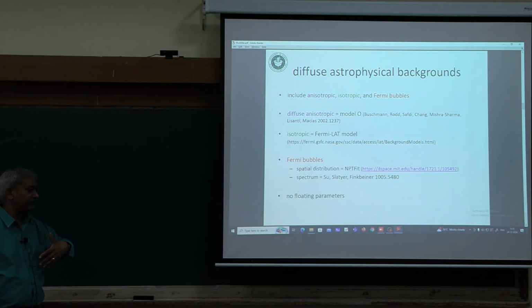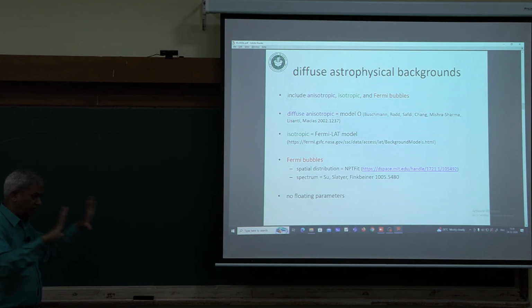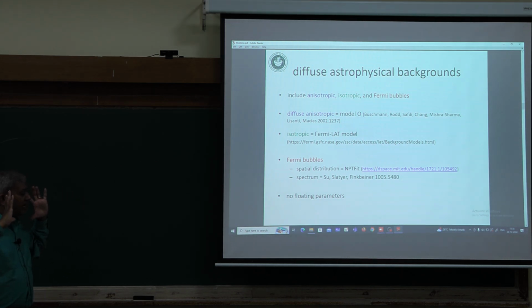I have these gas models, I have cosmic ray models, I have propagation models. I throw that all into GALPROP, and it gives me some model for these kind of diffuse processes in the Milky Way. I have some isotropic emission model, which I can say is dominated by extragalactic stuff. So I have some model for extragalactic stuff, and I can just extrapolate that into the galactic plane, because I shouldn't care about the galactic plane.